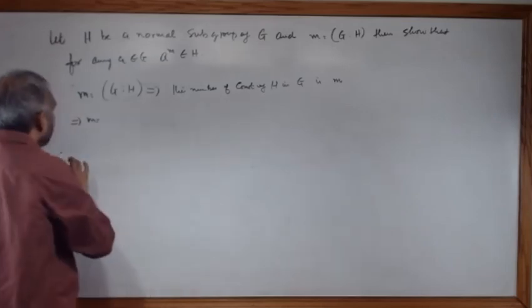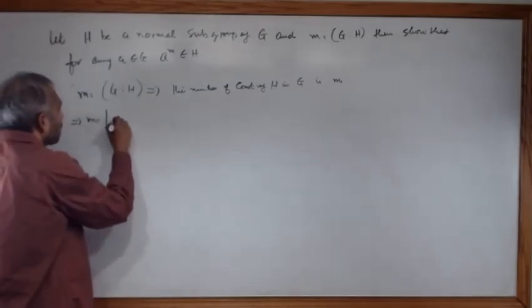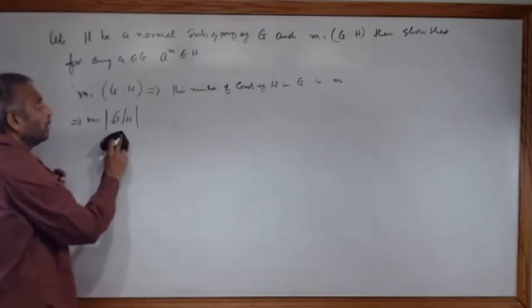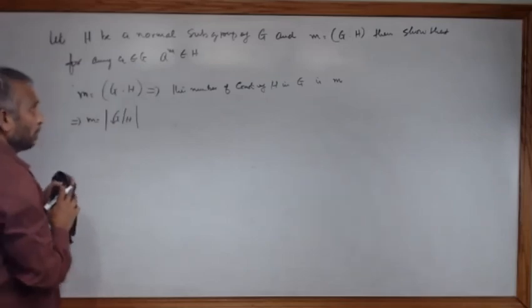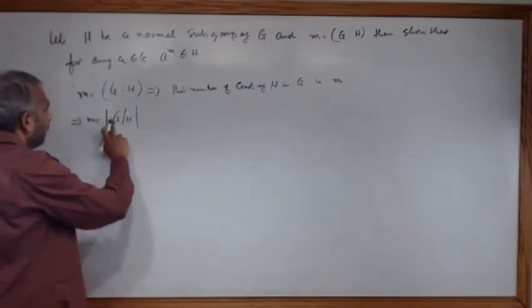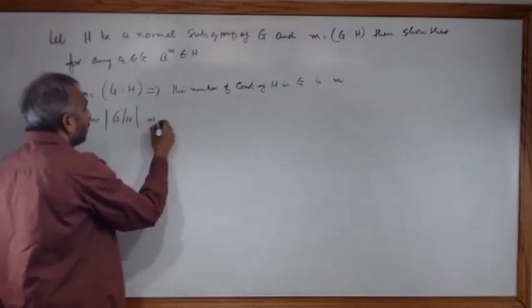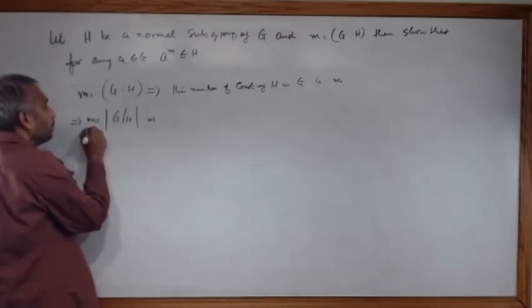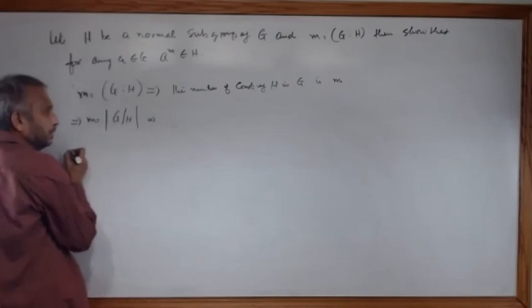And the factor group is a finite group because G is finite. This implies for any element here, its mth power is going to be the identity.